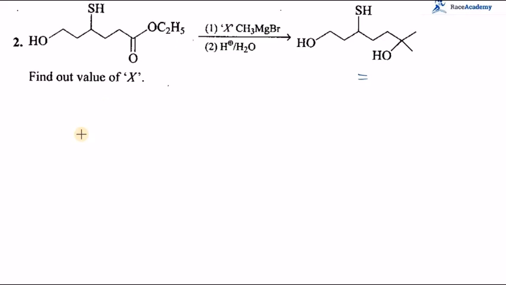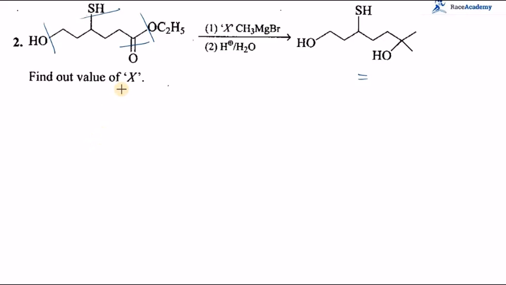We saw that an ester requires a minimum of 2 Grignard reagents, here and here. SH requires 1 Grignard reagent, and OH also requires 1 Grignard reagent.